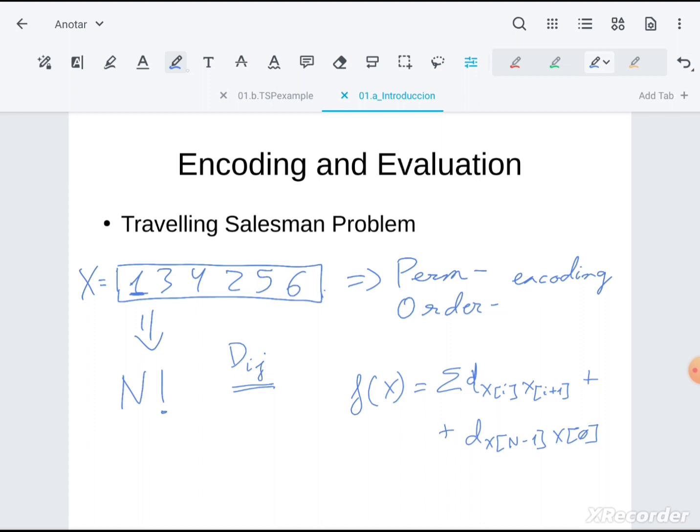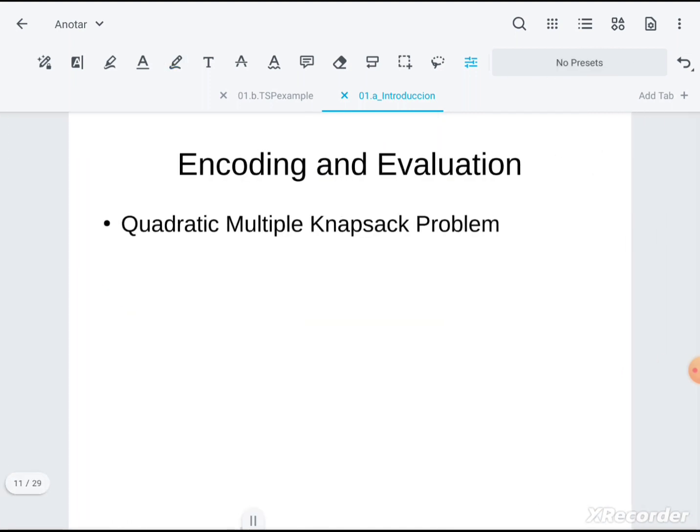In case you are dealing with other problems, such as this one, for instance, in this case, you are given a set of objects with individual profits and also profits that depend on the combinations of objects.